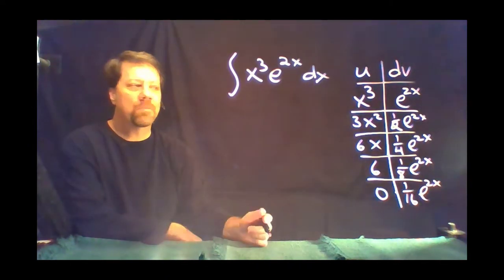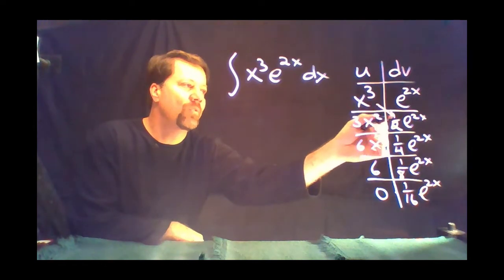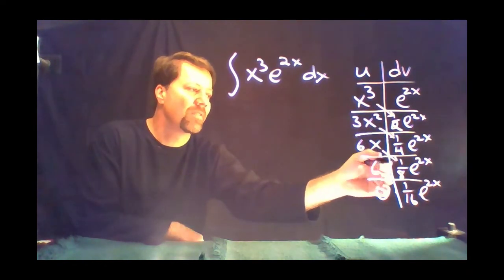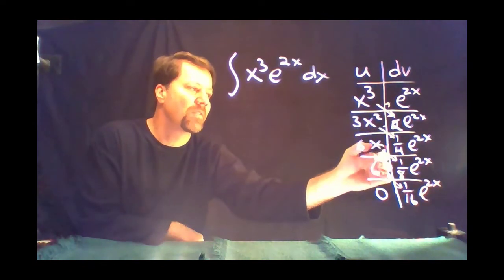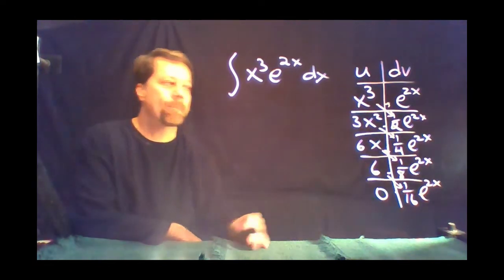Now that we've completed the table, you need to multiply down diagonals, but alternate in sign: plus, minus, plus, minus.